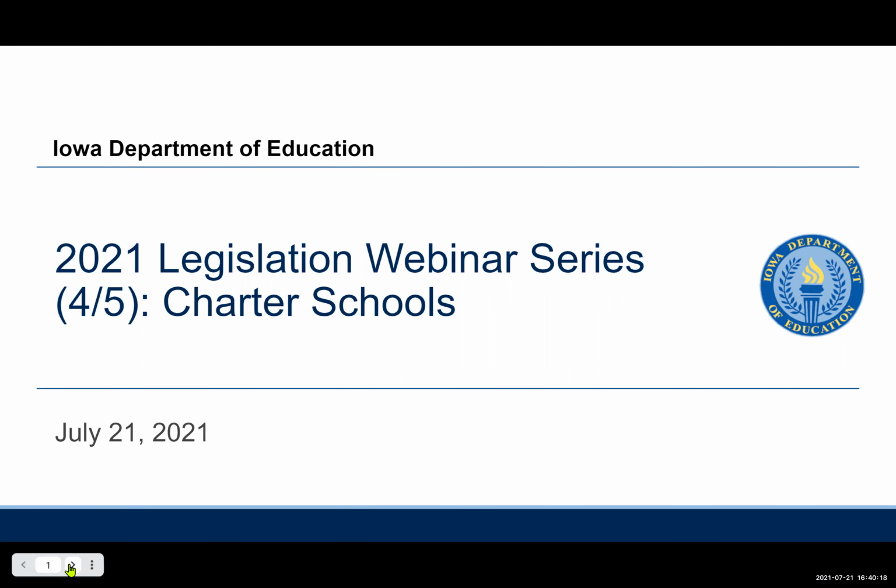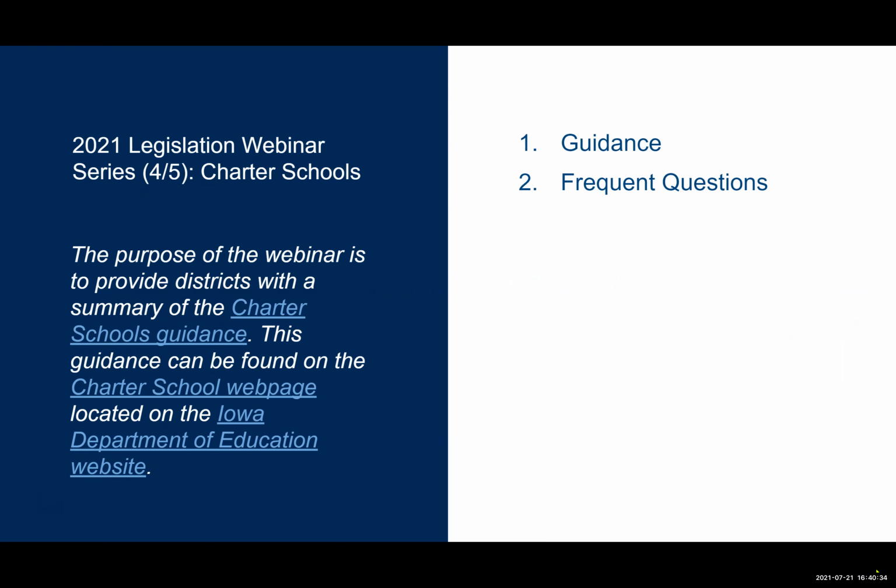As a part of this 2021 legislation webinar, we will discuss the charter school guidance provided on July 2nd, 2021. This guidance is posted on the Iowa Department of Education website, which can be accessed at educateiowa.gov. It is placed on the charter school webpage.